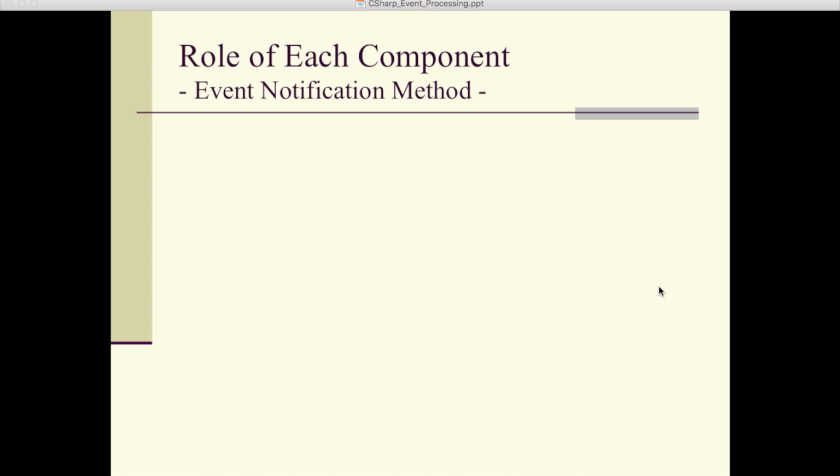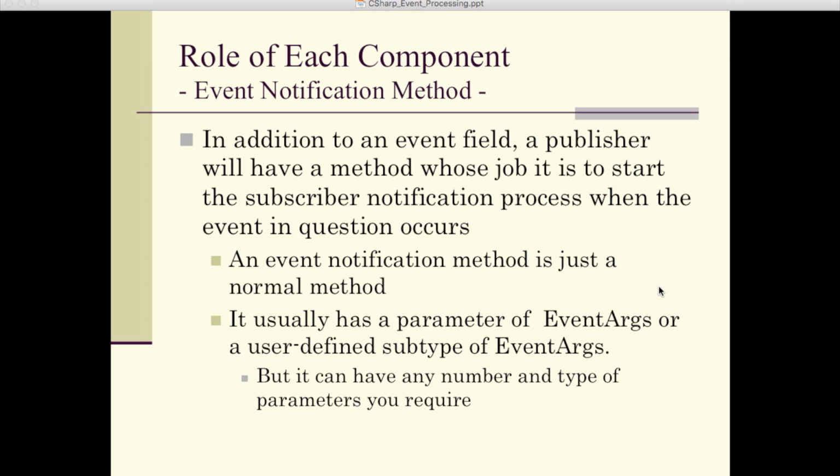So now, the event notification method. In addition to an event field, right, in your publisher class, a publisher will have a method whose job it is to start the subscriber notification process when the event in question occurs. An event notification method is just a normal, ordinary method.